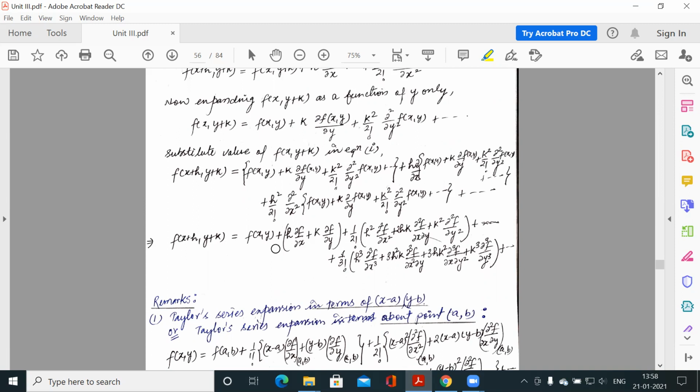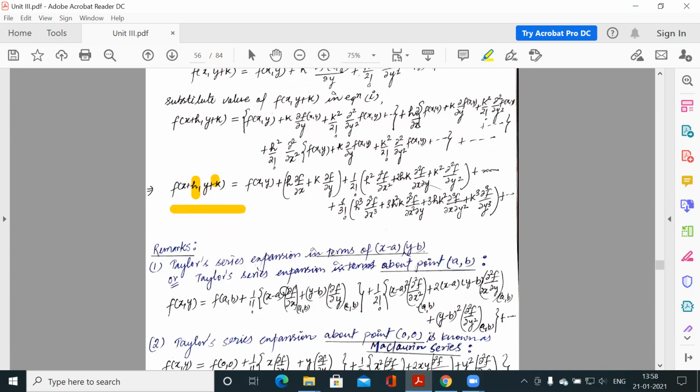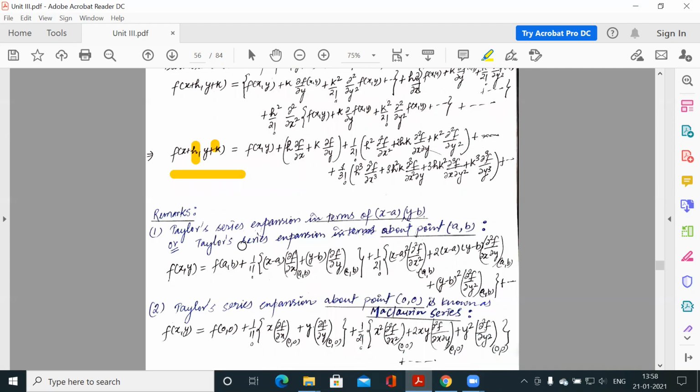Similarly, now we have two points, so it is in powers of h and k.